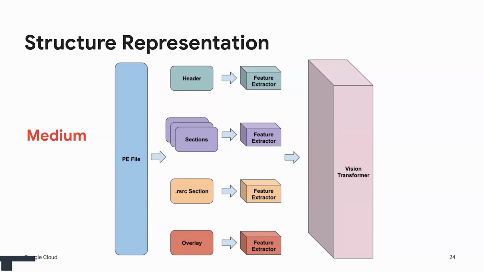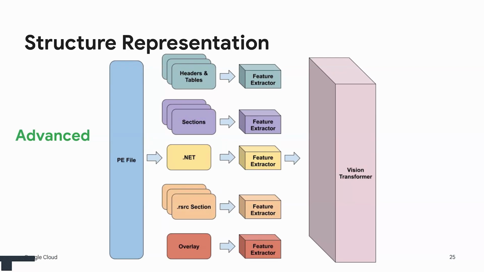And then in the most advanced setting, we just go another level deeper into the data structure and continue parsing things out. The different components in the header. We have a special call out for .NET. If you're in the AV space, .NET is really annoying.